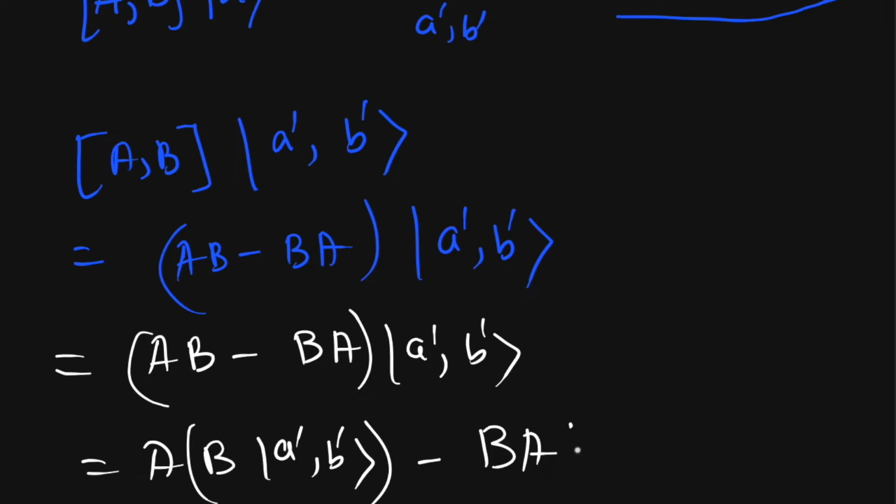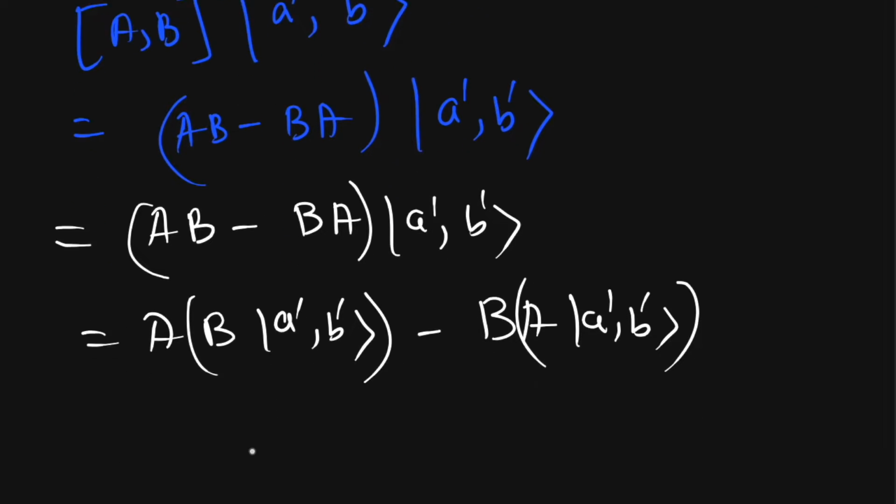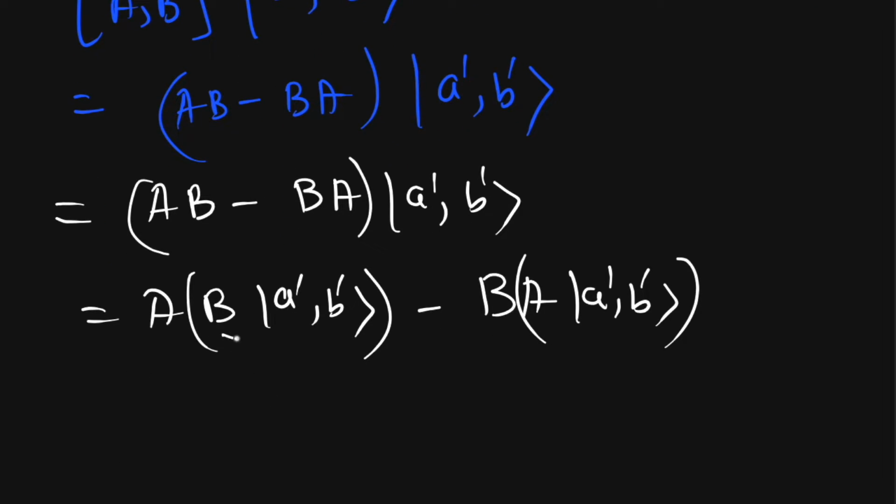Since it is a simultaneous eigenket, if we operate with B, it will get the eigenvalue corresponding to this operator.